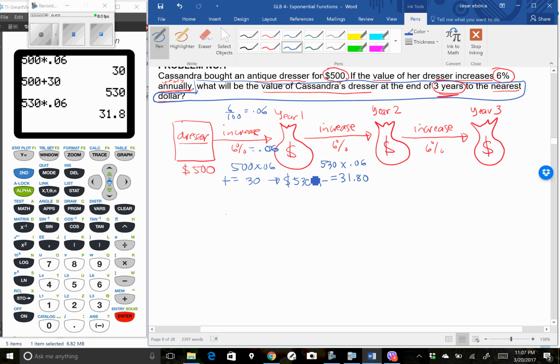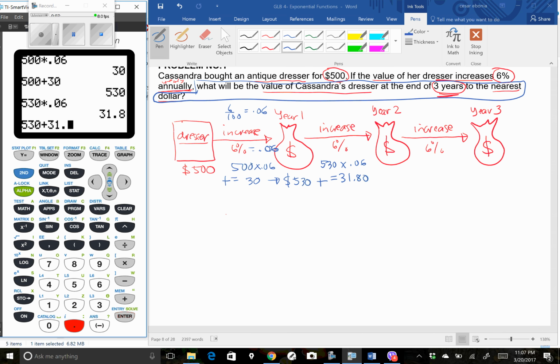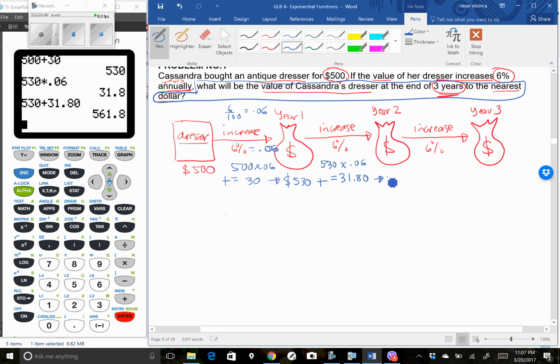You add that to your year one value: 530 plus 31.80 gives you 561.80. So from 500, it goes to 530, and in year two, it becomes $561.80.